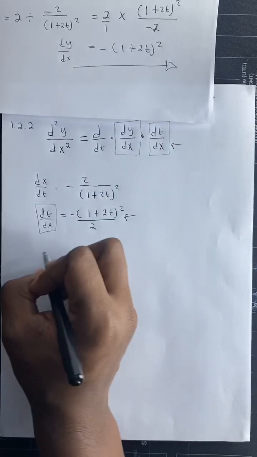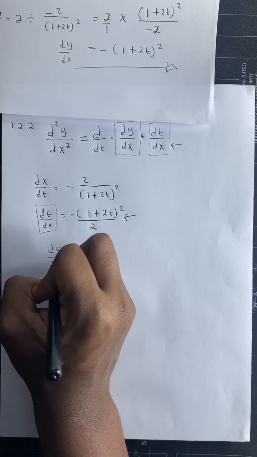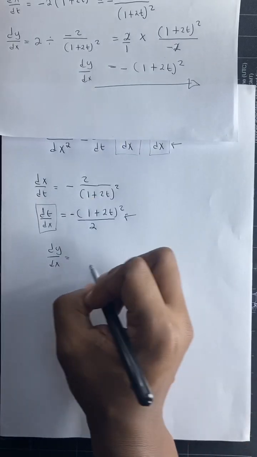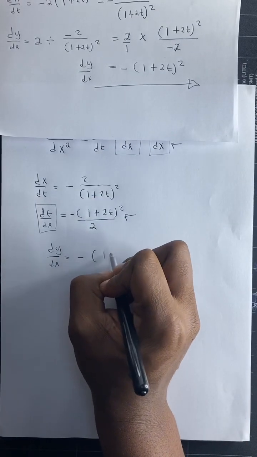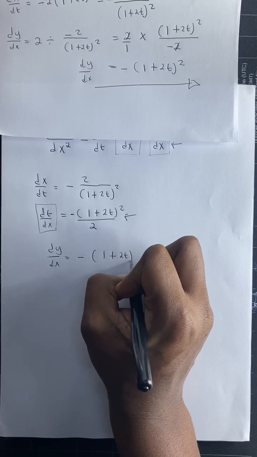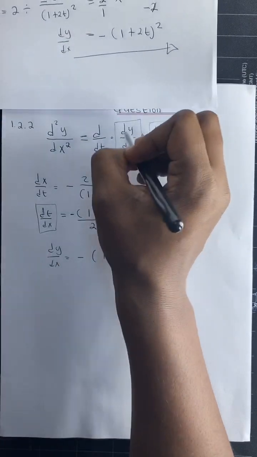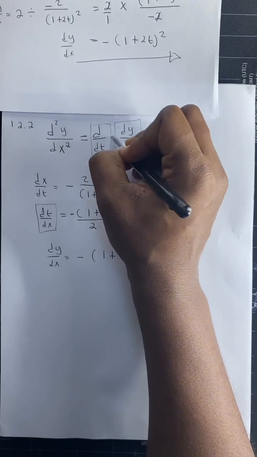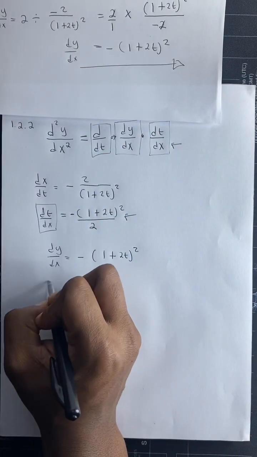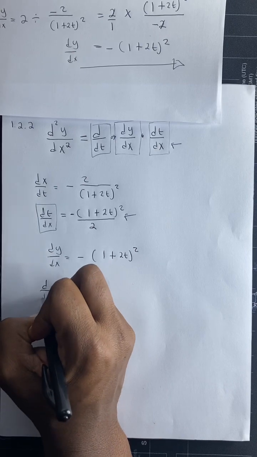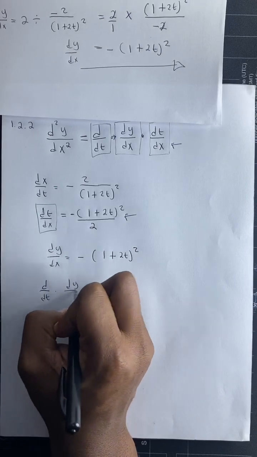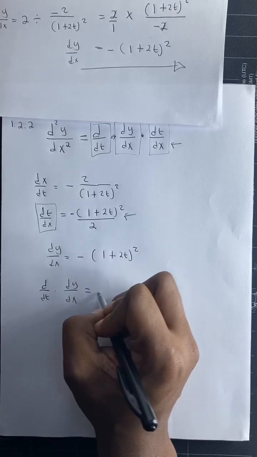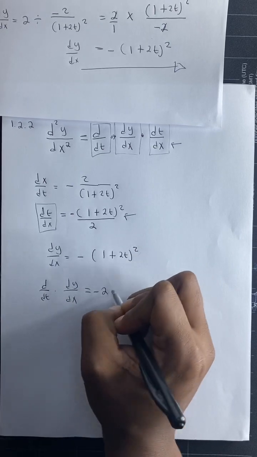And we also have dy over dx, which we determined in question 1.2.1 as negative (1 plus 2t) squared. So we have to differentiate this with respect to t. So when we differentiate, d over dt of dy over dx will be equal to, we start by differentiating the brackets.